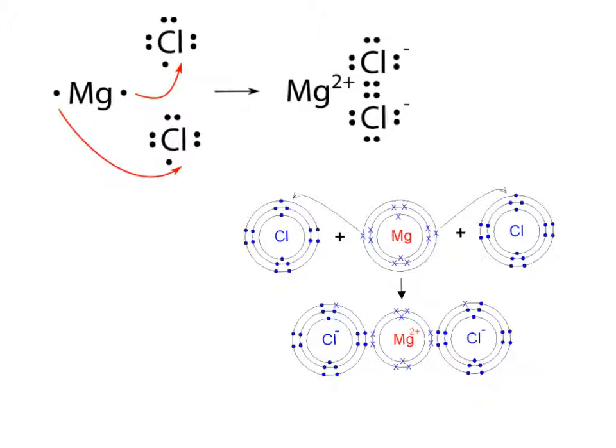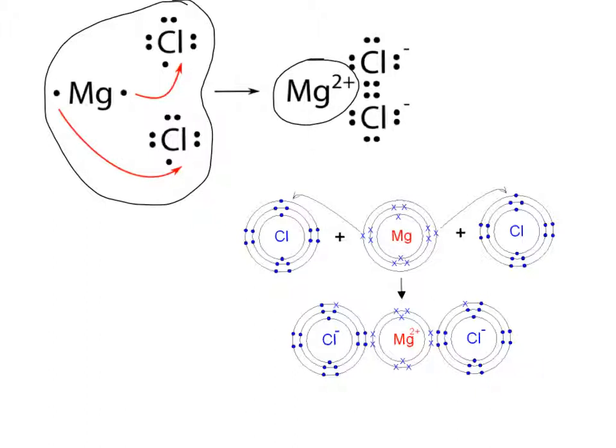So here's a picture of what we just did. Magnesium, by losing its electrons to chlorine, becomes a positively charged ion by 2, or 2 plus. Chlorine, on the other hand, is a negatively charged ion. -1, or just a minus, they drop the 1 for that atom, and the same for this atom.